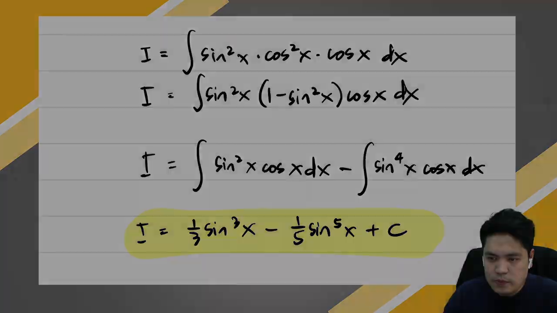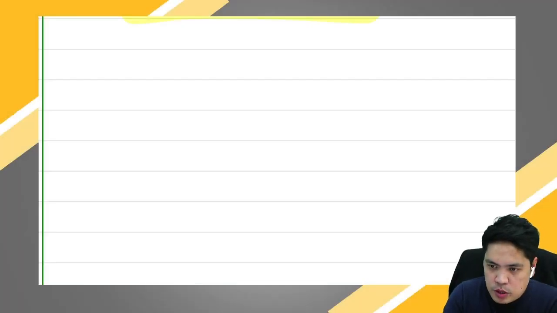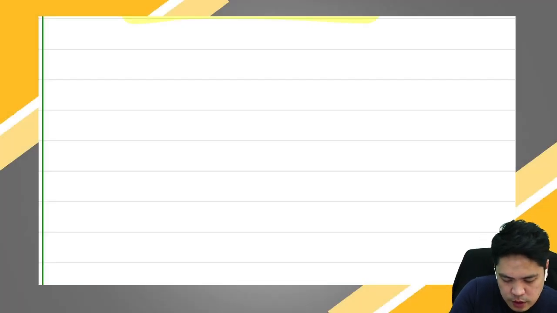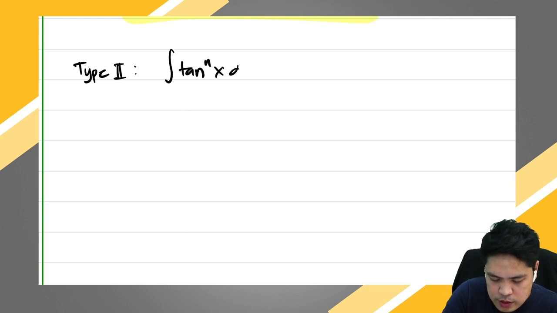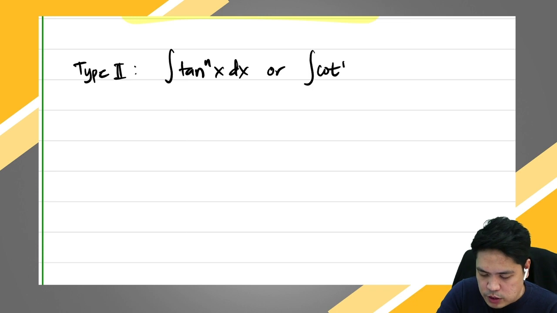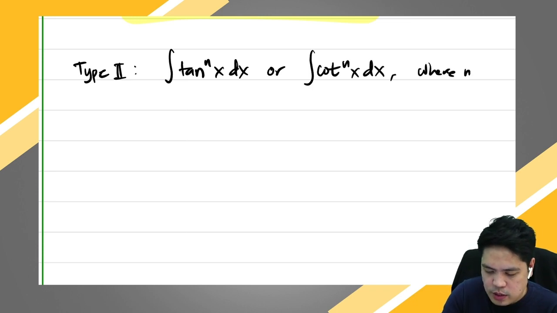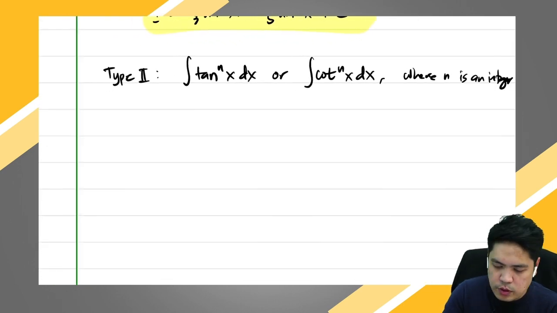Ganun siya kadali. Okay, so if we have, let's call type 2, and that is for the transformation for the integrals of tangent raised to nx dx, or integral of cotangent raised to nx dx, where n is an integer.